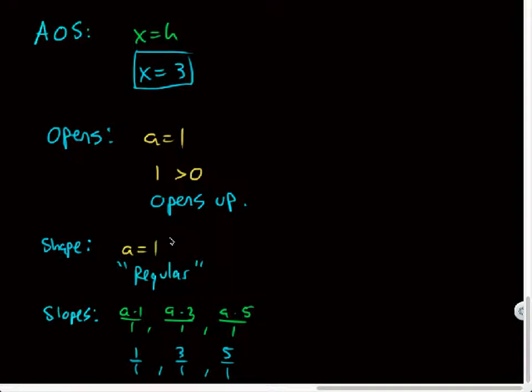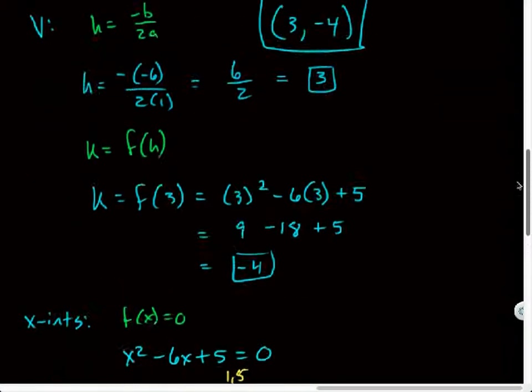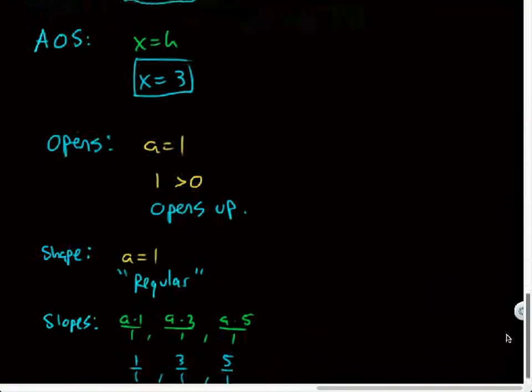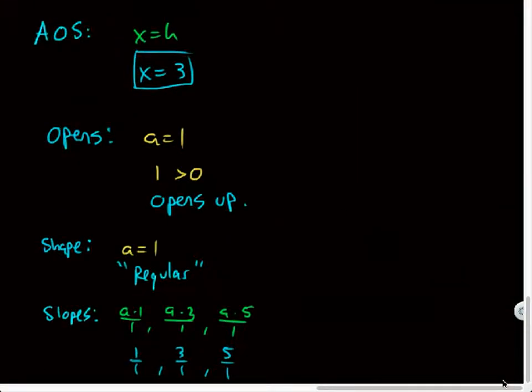So, let me get some nice graph paper here. Let's see, where's my vertex again? So I know where to make my grid. Let's see, vertex is 3, -4, opens up. So 3, -4 opens up.